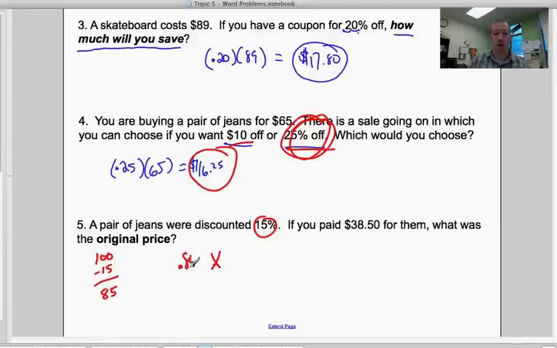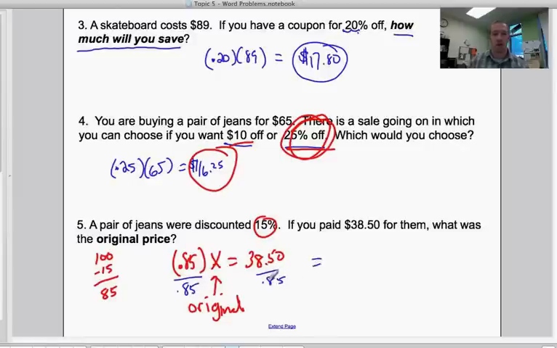So 0.85 times the original price should give us our discounted price, which is $38.50. Well, now I have a one variable equation I can solve. So I divide both sides by 0.85, and I'm dividing by less than 1, so I'll get a number bigger than $38.50, which makes sense because it should have cost more at the beginning. So $45.29 is what that results to be. So that was the original price.